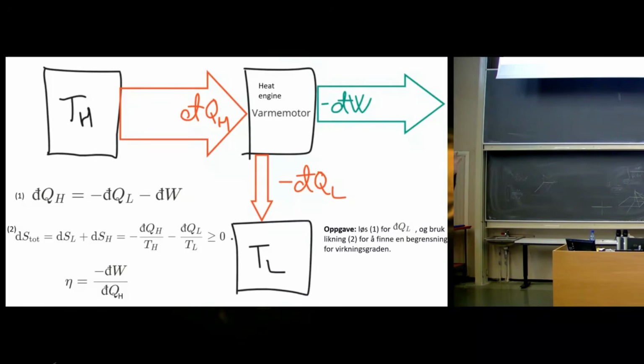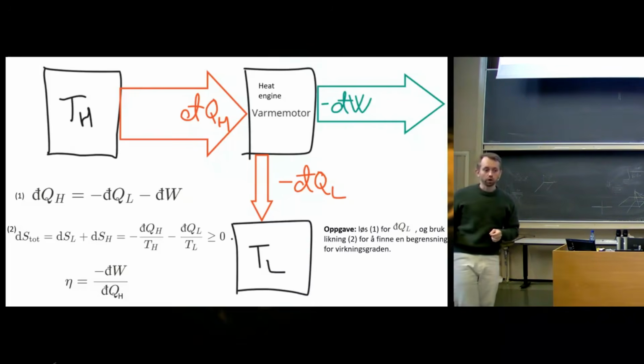Like imagine the power plant in India, burning the coal, adding heat to that power plant. Some of that energy is transmitted as useful work, electricity in that sense, and some of it is released into a place with a lower temperature, TL. Minus dQL is going into that.